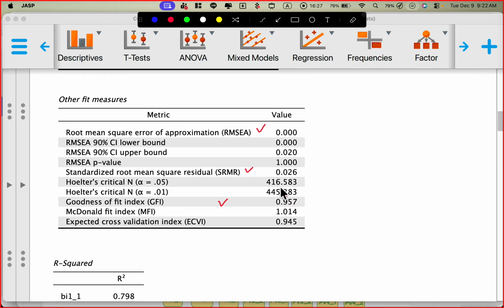For RMSEA, the p-value is 1. So it's greater than 5%. It means the model fits. For the p-value, we have one way to make a judgment. Second, the CI, or confidence interval.